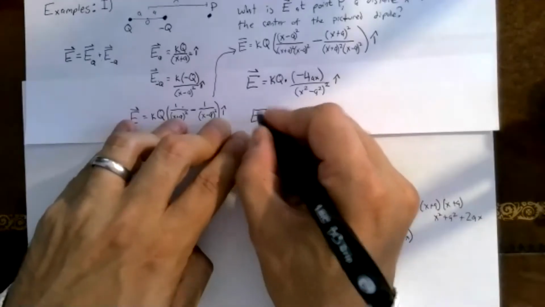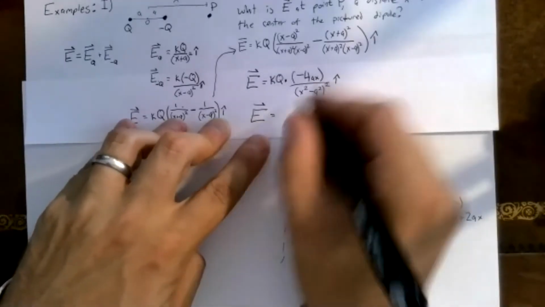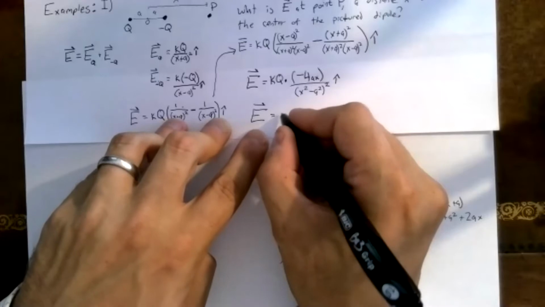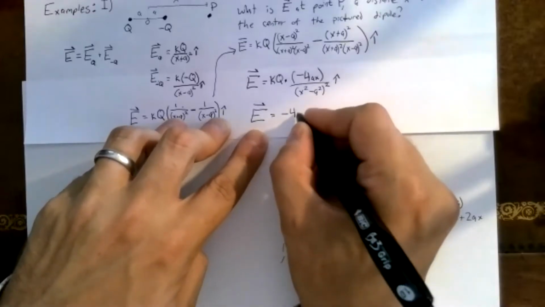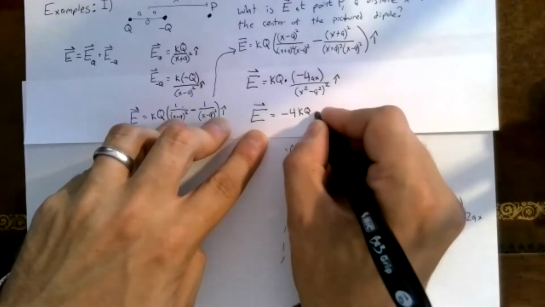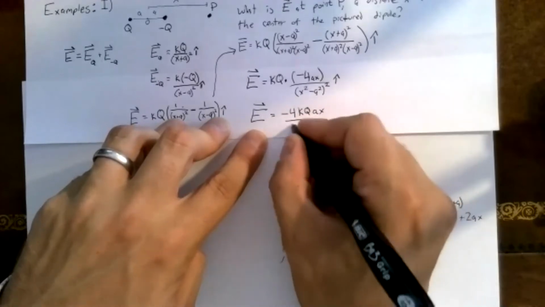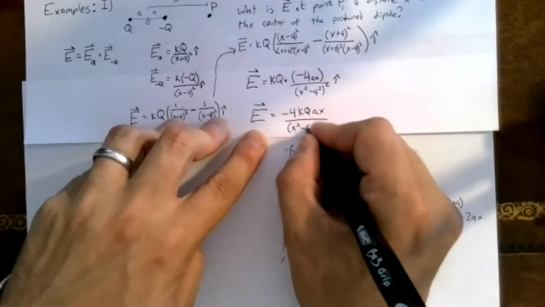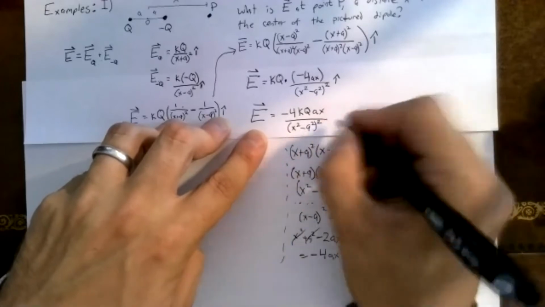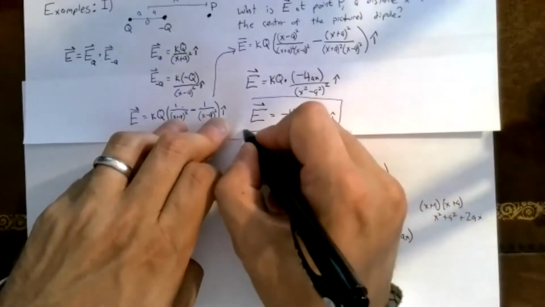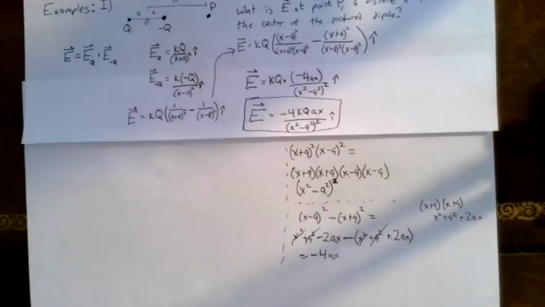So I'll write that one more time. What we really have there is negative 4kqax over (x² − a²)² i-hat, which would be the electric field of that.